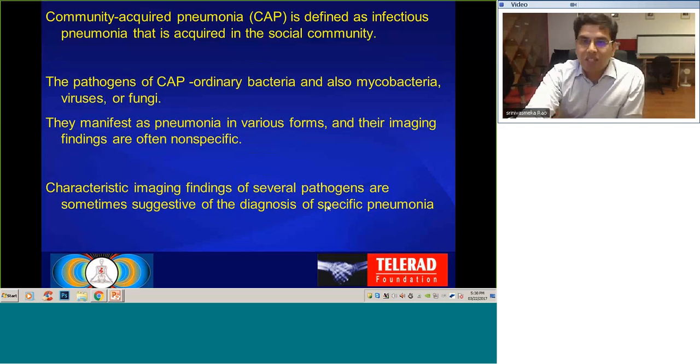But this doesn't happen most of the time. It's very hard to differentiate types of pneumonias on the imaging. But nevertheless, we can certainly say there is some infectious process going on, and then we can help the physicians in follow up. Moving on to the next.